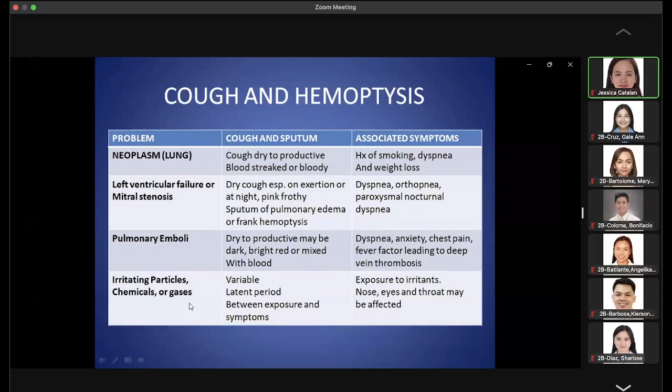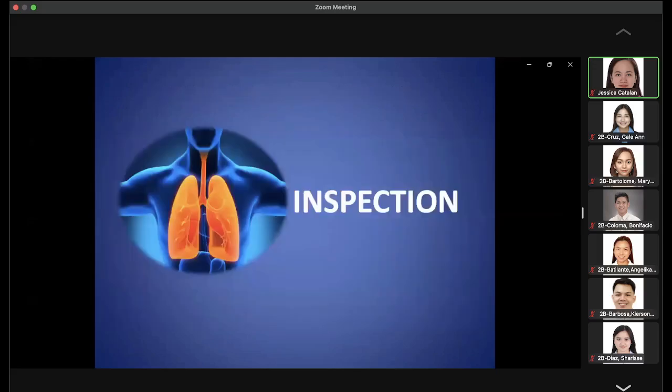And of course, irritating particles or chemicals or gases. If you have an occupational or environmental exposure to these, it may be variable. There may be a latency or latent period between exposure and symptoms. Upon exposure to irritants, the symptoms may come out. So nose, eyes, and throat symptoms may be demonstrated. All right.